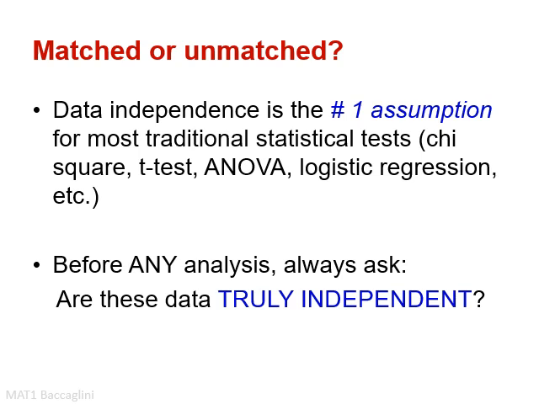Data independence is the number one assumption for most of the tests that you already know about: the chi-square, the t-test, the ANOVA, logistic regression. If you have a pair design, then this assumption is no longer valid. And so before you start any analysis, always ask, are these data independent?